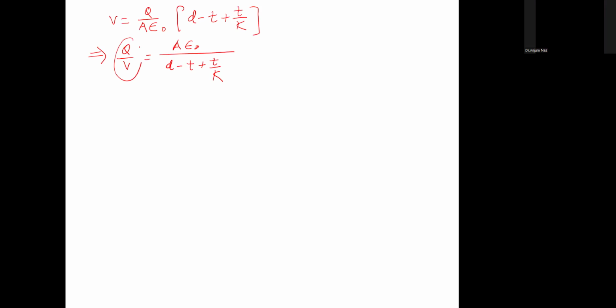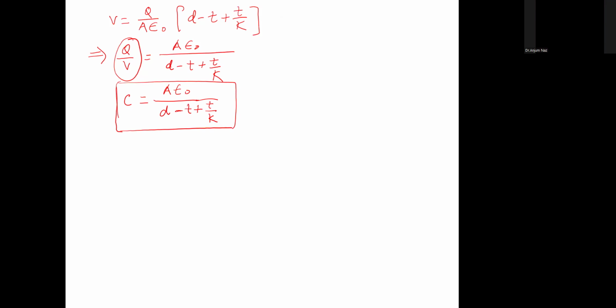By definition this ratio is called the capacitance of the capacitor. This is the capacitance of a parallel plate capacitor when a dielectric slab of dielectric constant K and thickness t is introduced between the plates.